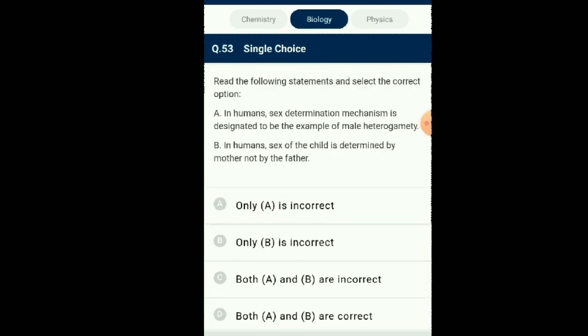Question number 53. Read the following statements and select the correct option. Human beings have 23 pairs of autosomes and 1 pair of sex chromosomes. All the haploid ova formed by females are similar in their chromosome type, that is 22 plus X, therefore females are homogametic.